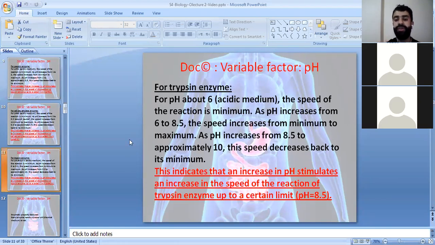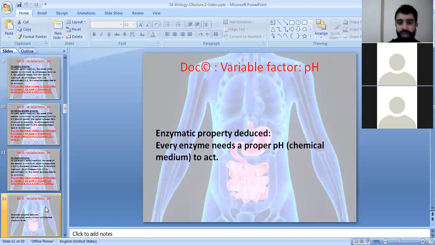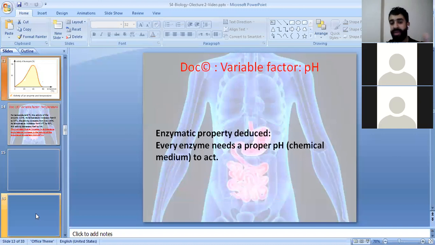This indicates that an increase in the pH stimulates an increase in the speed of the reaction up to a certain limit, which is 8.5. So what is the enzymatic property deduced here? That every enzyme needs a proper pH medium in order to act. So every enzyme needs a specific pH medium, and every enzyme till now needs a specific substrate. Here the variable is the pH.